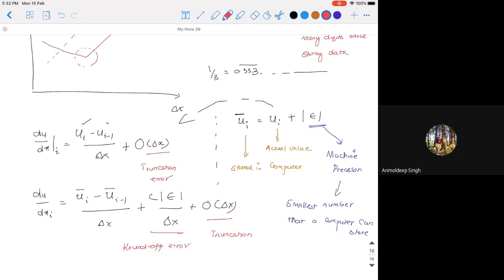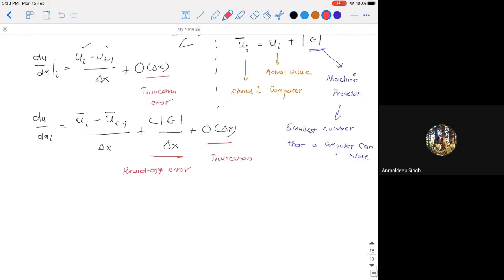As you see, the round-off error has a 1 over delta x term. For very small delta x, this will dominate over truncation error, so the value of round-off error will be more than the truncation error.